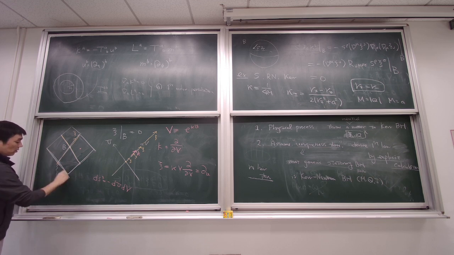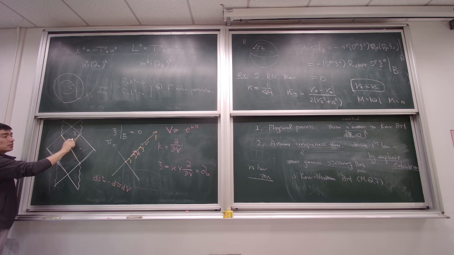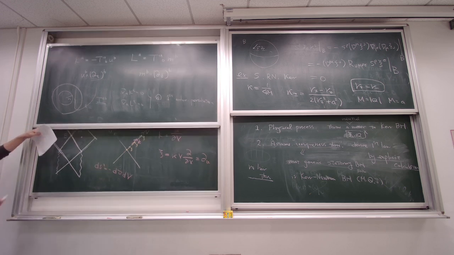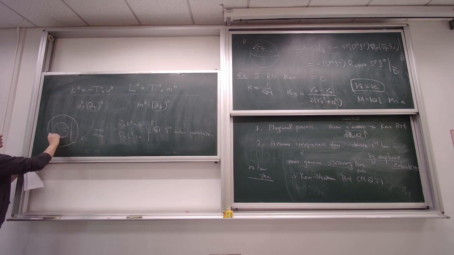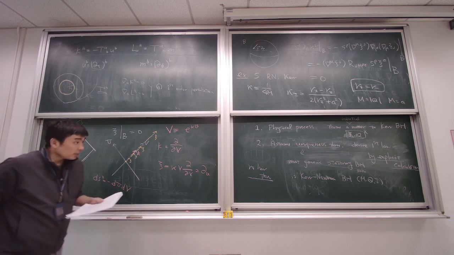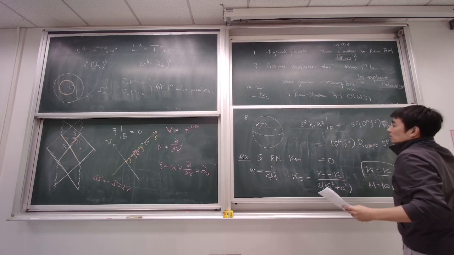We just consider the following process, with r plus here, and we consider this Killing horizon H, and see how this perturbation affects the inner curved space-time. That's what we see.